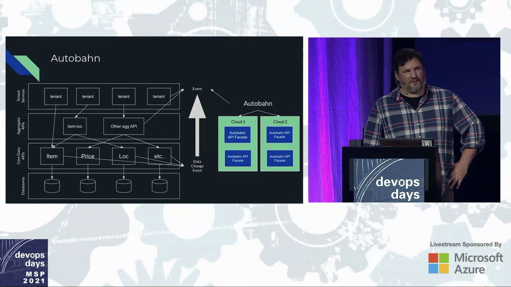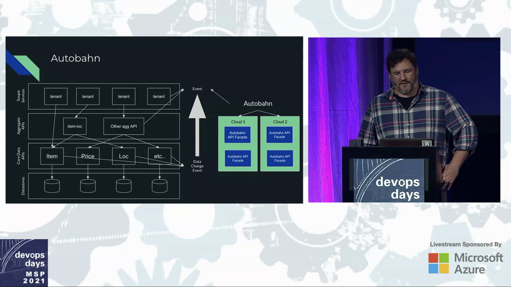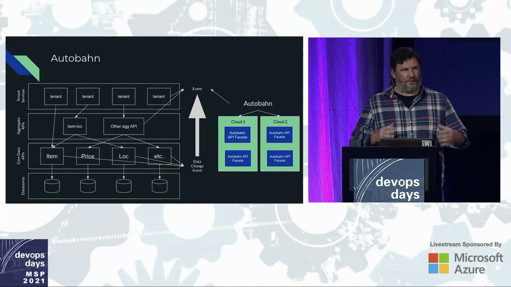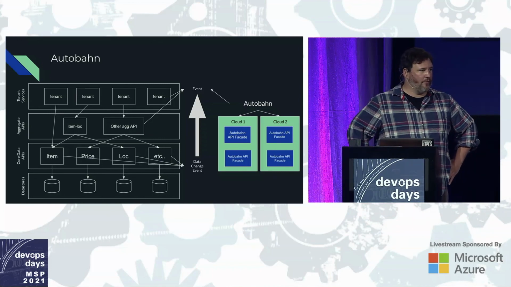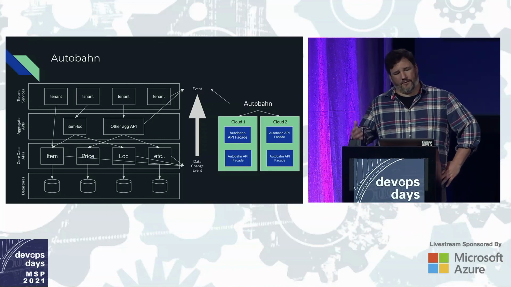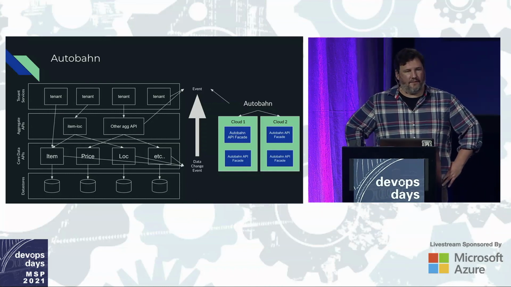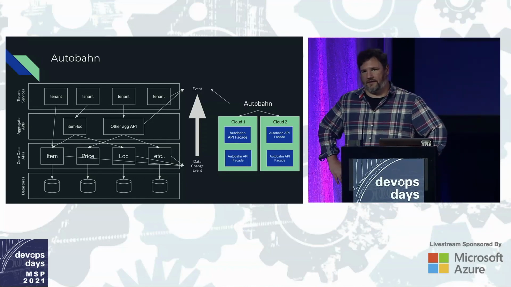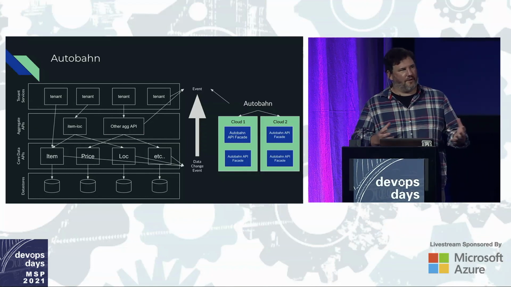And basically, as long as we have network connectivity between endpoints, Autobahn takes the guesswork out of making sure that data ends up anywhere that we're running portions of the target retail platform. It does this through a variety of mechanisms, but essentially it taps into that event source and reads update events and change events and delete events and so forth as they're happening, and updates an internal representation of that data.